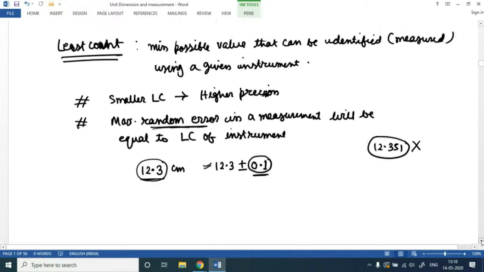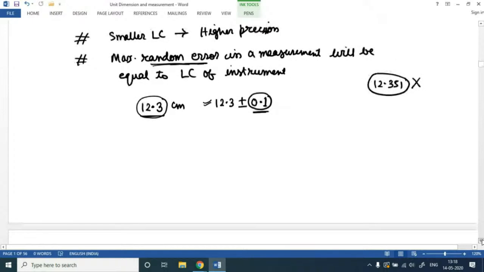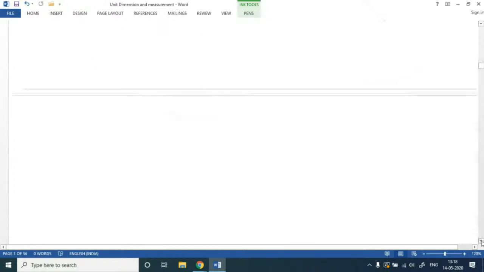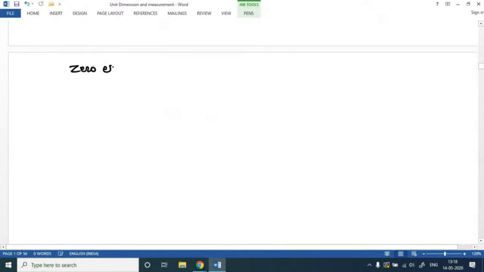Another thing you need to understand is zero error. Some instruments have some zero error. For example, your wristwatch might have some zero error. It may be 5 minutes fast or 5 minutes slow, something like that.